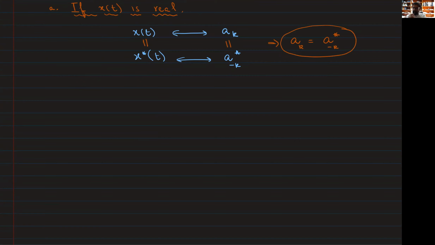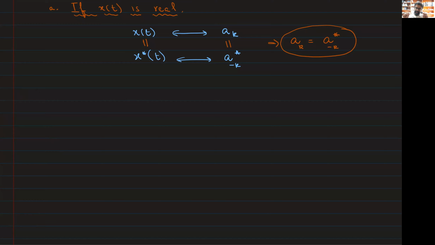So if the signal is real, the Fourier series coefficients must satisfy this condition. And is this a condition that we saw earlier? Yes, we did. As somebody observed directly from those examples, we found out that a plus 1 turns out to be the conjugate of a minus 1, and a plus 2 is the conjugate of a minus 2. In other words, a plus 1 and a minus 1 are conjugates of each other. A plus 2 and a minus 2 are conjugates of each other. A plus 3 and a minus 3 are conjugates of each other, and so on and so forth. And in general, ak and a minus k are conjugates of each other.